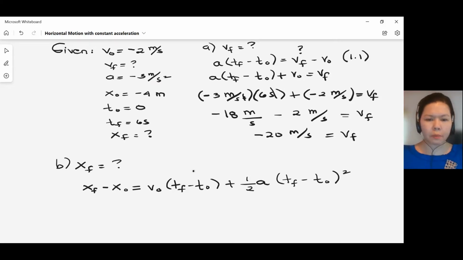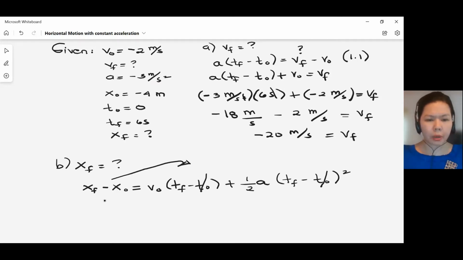I will now drop all the T sub 0, which is 0. And our X naught is negative, X naught to the left. In the left side of the equation, we will transpose it to the right side of the equation.